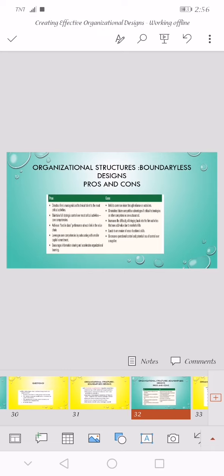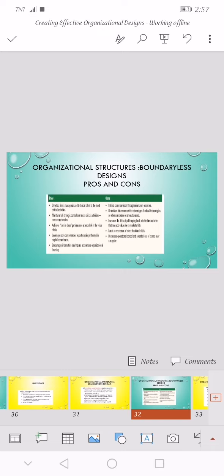Organizational structure, boundaryless designs, pros and cons. Pros: first, directs a firm's managerial and technical talent to the most critical activities. Second, maintains full strategic control over most critical activities and core competencies.